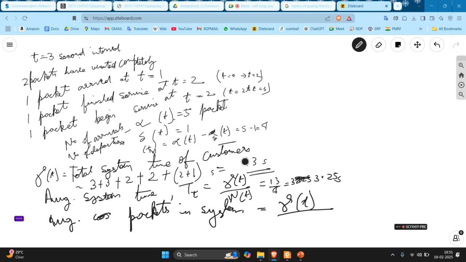So it is the accumulated time sum. If you divide it by the time, you will get the average number of customers in the system, or average number of packets in the system. So this will be 13 by 3, which is 4.33. So at a particular time, on average there are 4.33 packets.